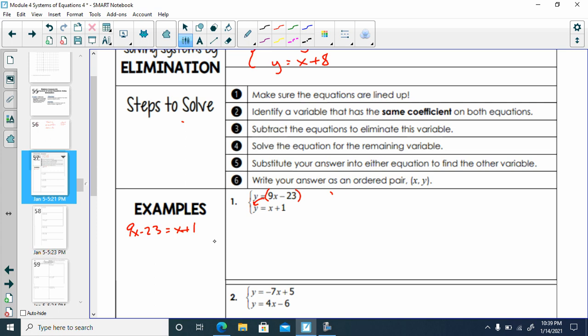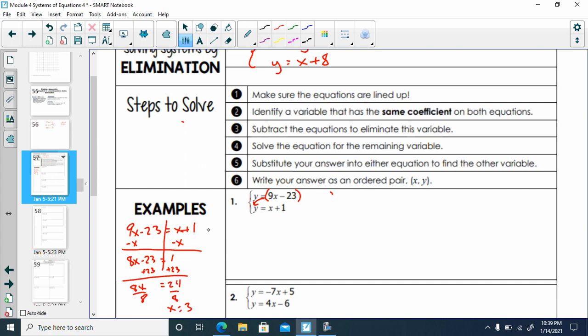Then I solve for x. You'd subtract x from each side, which would give you 8x minus 23 is equal to 1. You add 23 to both sides, and you've got 8x is equal to 24. You divide both sides by 8, and x is 3.